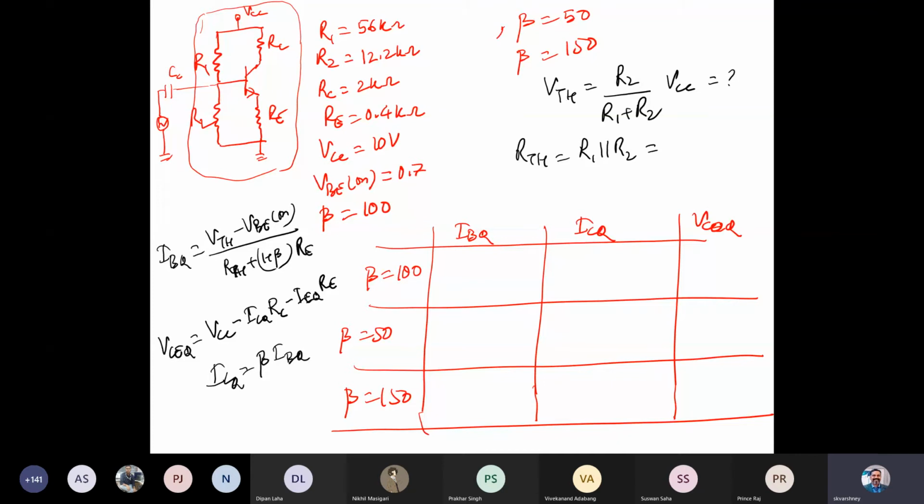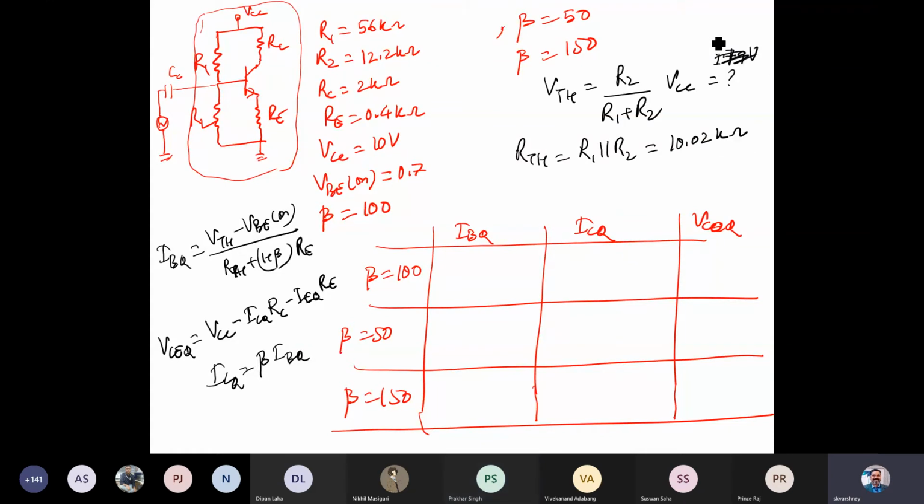So for beta, VTH, how much? Anyone? 1.79 volt. 1.79 volt, okay. And RTH? 10.02 kilo. 10.02 kilo, okay, fine.